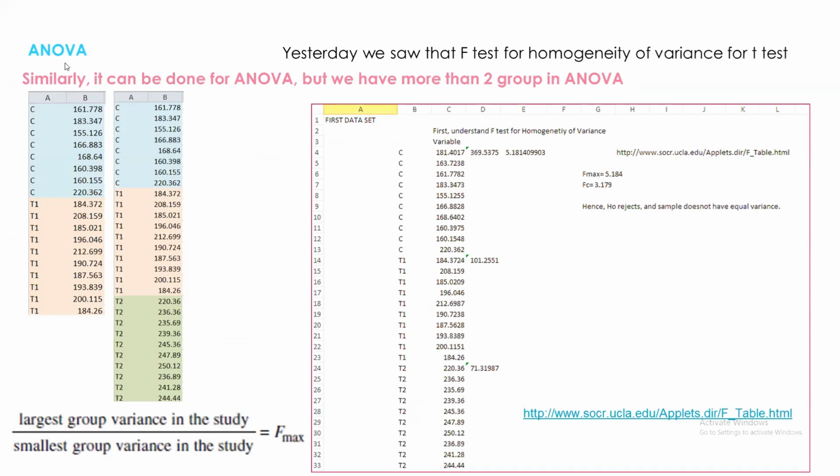However, once you go to ANOVA, you have more than two different groups. So you cannot just make the F test as we have done it for the independent sample t-test. In that case, we will see how we can calculate the F test for the homogeneity of variance for ANOVA. So we will see this.